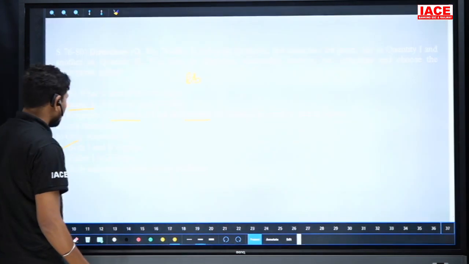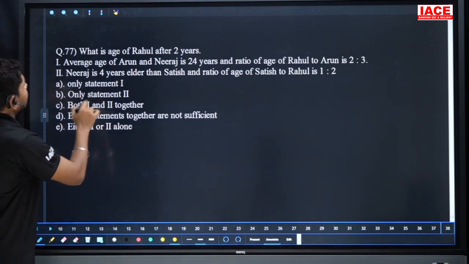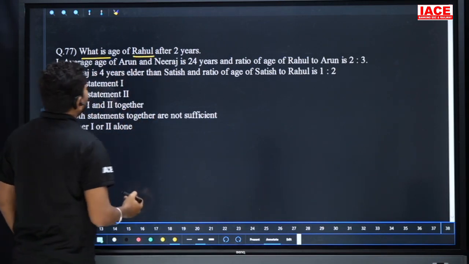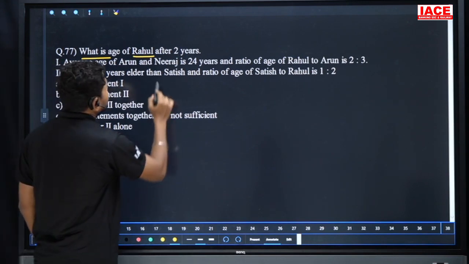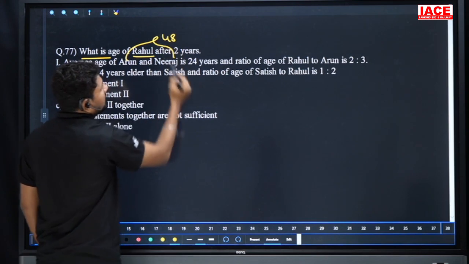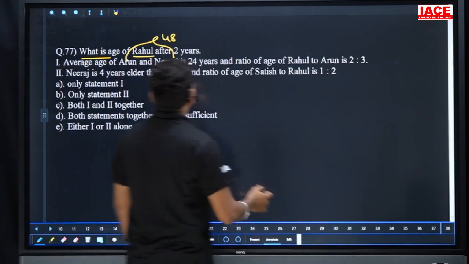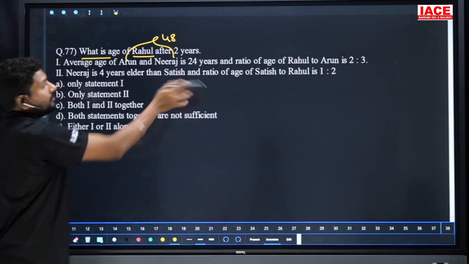And next here look at the average age. We require what is the Rahul age. Average age of Arun and Neeraj is 24 years. Then Arun and Neeraj 24 years means total value is 48 years. Ratio of Rahul and Arun is 2 is to 3. Yes, but we require Rahul. Without knowing the Arun value we can't calculate.